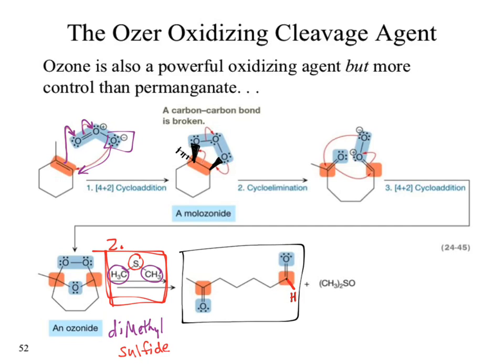So when we go through and look at our final product, we might say, well, I'm missing that 3rd oxygen. Where did that 3rd oxygen go? Okay, we'll look at the other piece. There's our 3rd oxygen. DMS picks that up. Okay? To form DMSO. Oh, really creative. Where it is now dimethyl sulfoxide. Okay? Also known as a pretty decent solvent.